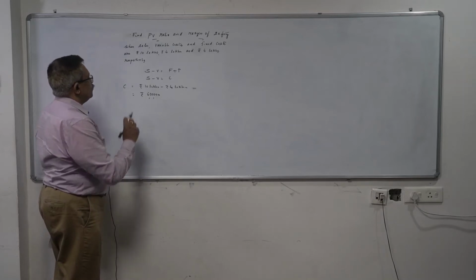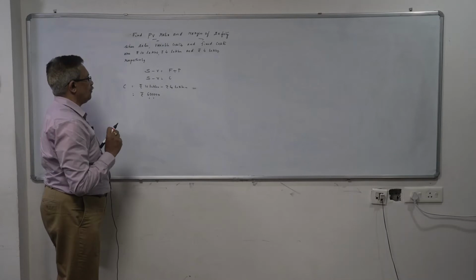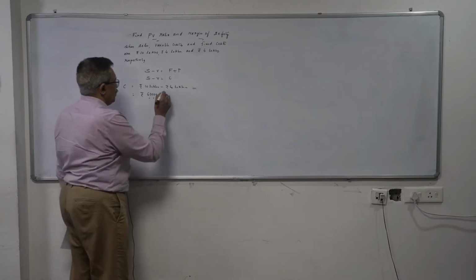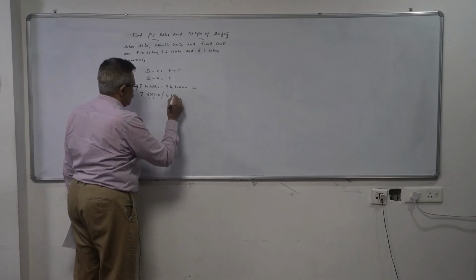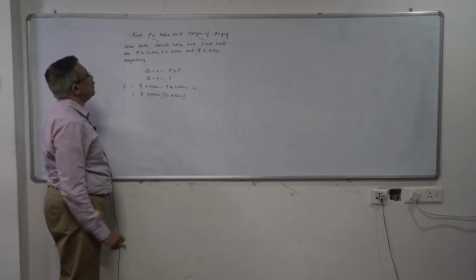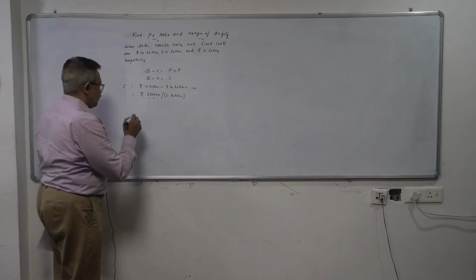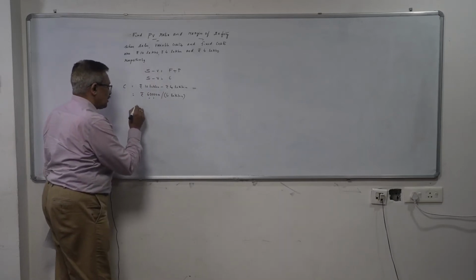Now, once we find out, we got this particular C, which is nothing but 6 lakhs. And if we wanted to find out the PV ratio, that is nothing but the C by S ratio.